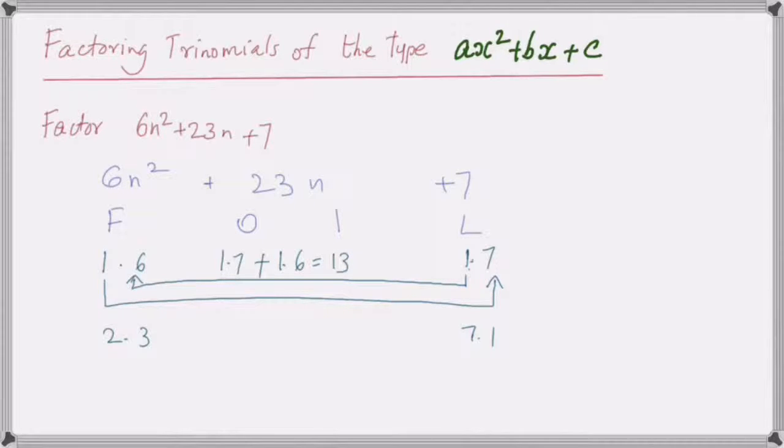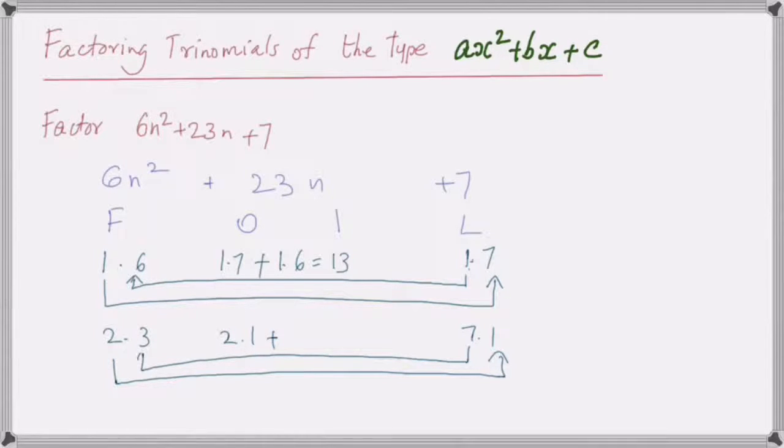Now let us try 2, 3 and 7, 1. So let's multiply 2 with 1, 2 times 1, those are the outer numbers, plus 7 times 3, that would be 23, right? 23.